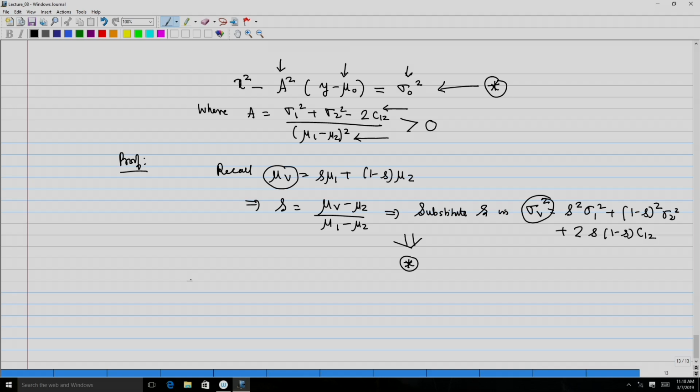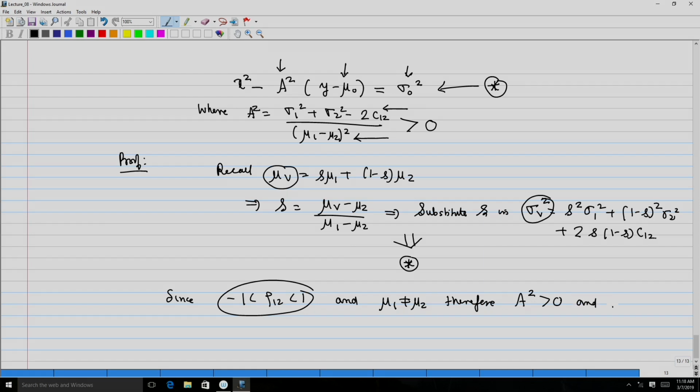Okay, now, as I have already pointed out before, since rho lies strictly between minus 1 and 1 and mu 1 not equal to mu 2, therefore, A square is greater than 0. Actually, this is A square. A square is greater than 0 and sigma naught square is strictly greater than 0.